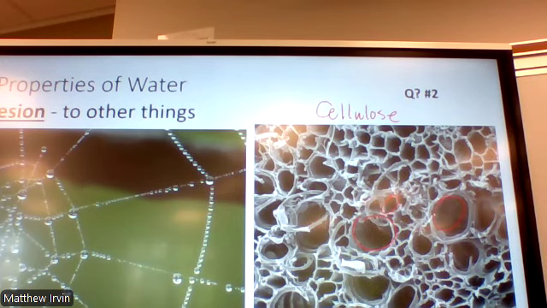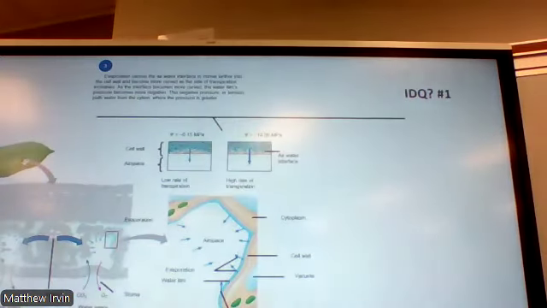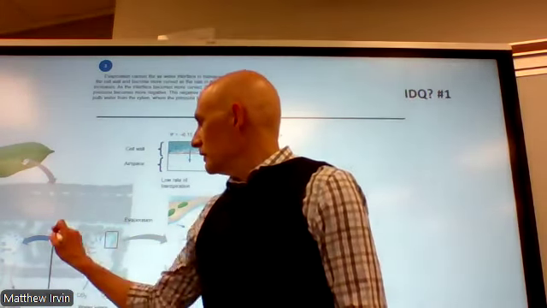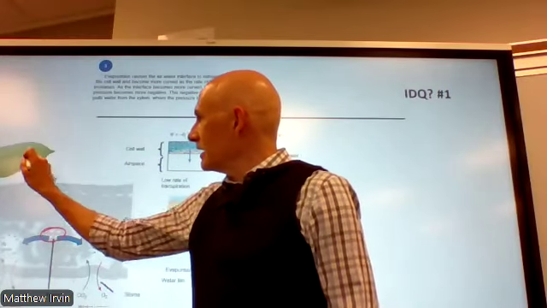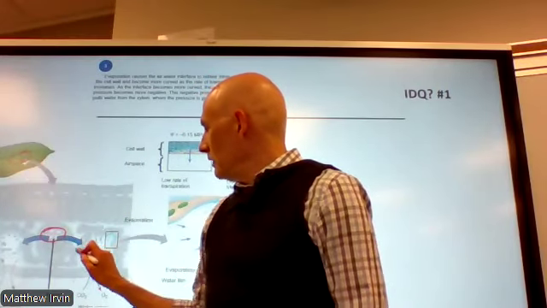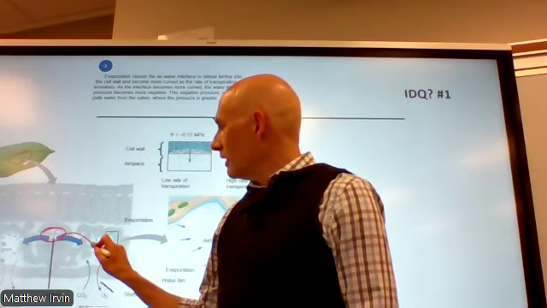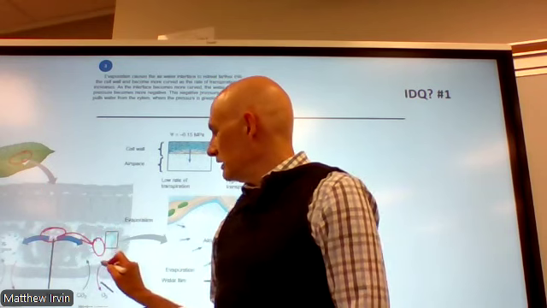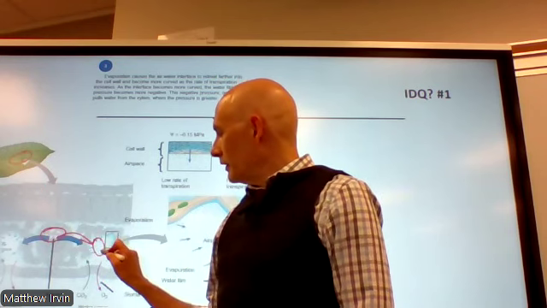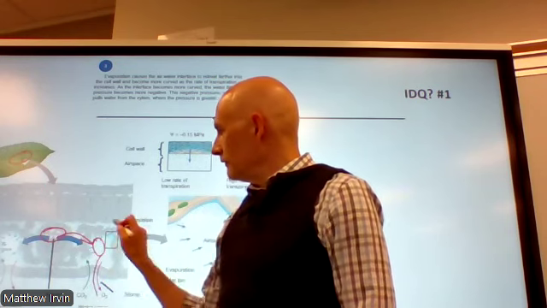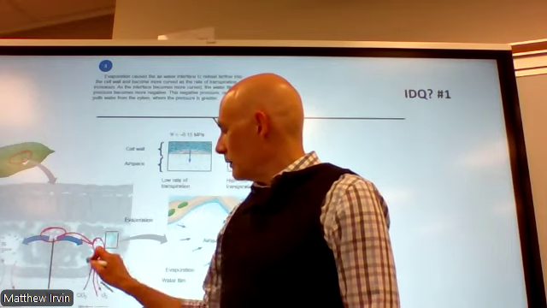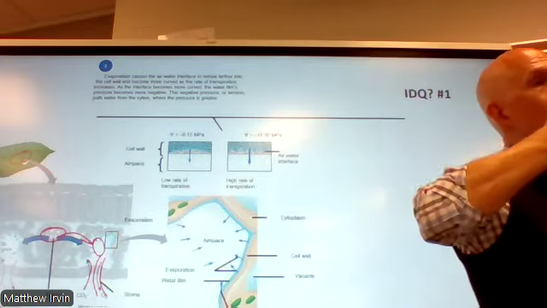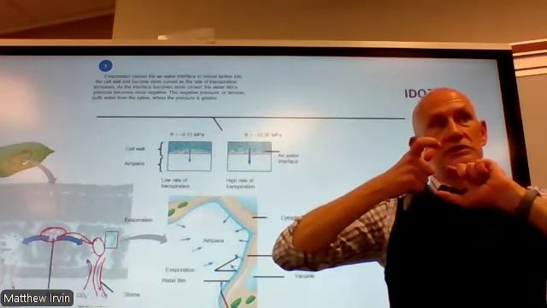And then together, the adhesion and the cohesion are going to cause transpiration. So we've got xylem on the inside of the veins of a leaf. Water can flow out of that xylem to fill the airspace inside the leaf. And we need to have water in there because it's going to keep the leaf moisturized while we have CO2 and oxygen going in and out of the leaf through the stomata during transpiration.